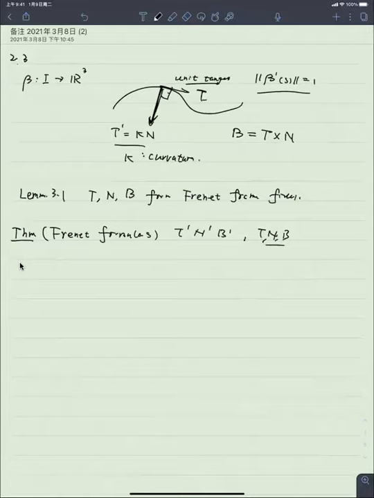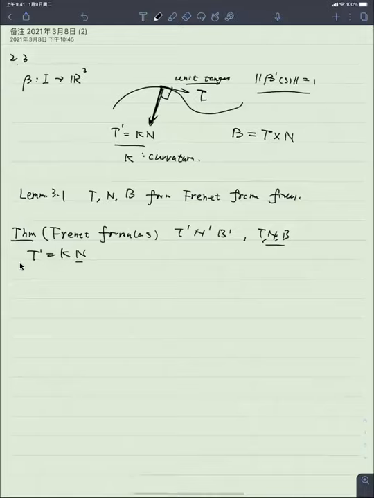The first formula is very easy to notice, because this is exactly how we define N: the T derivative is just the curvature times N. N is actually called the principal normal vector field.